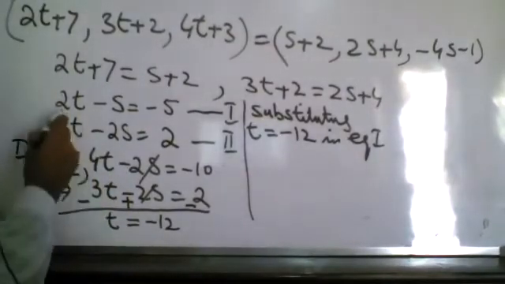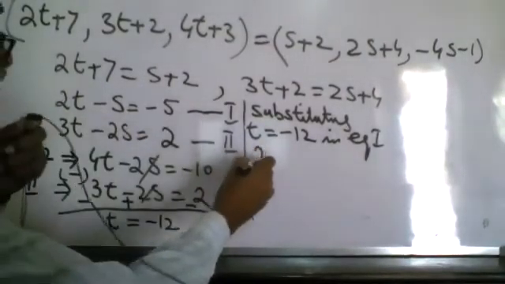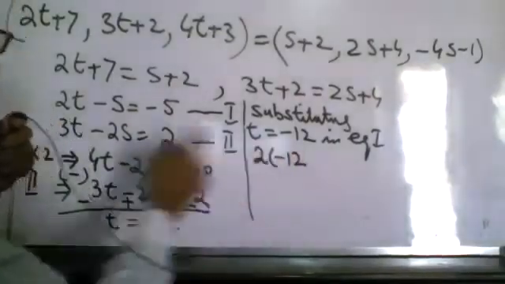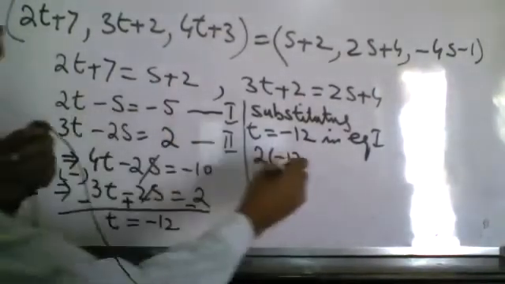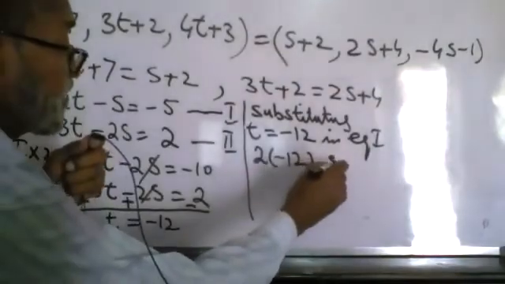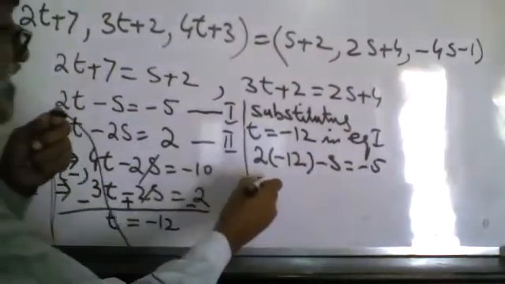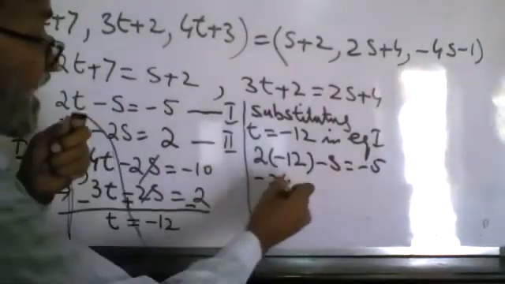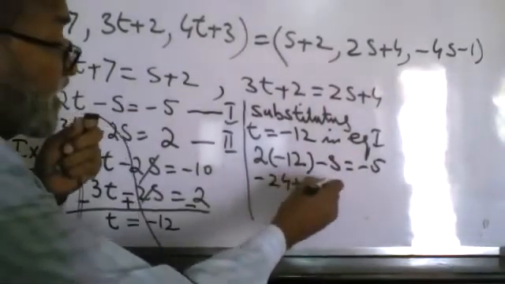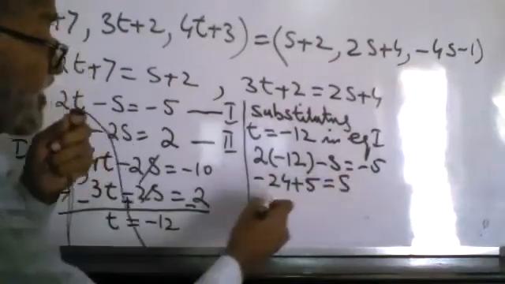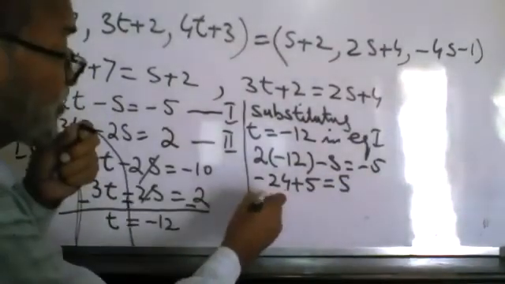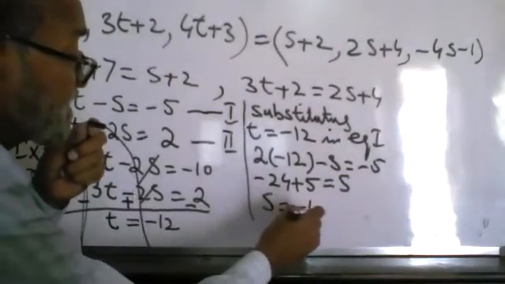So equation 1 is 2t, 2 into minus 12, minus s is equal to minus 5. So minus 24 and plus 5 is equal to s. So s is equal to minus 19.